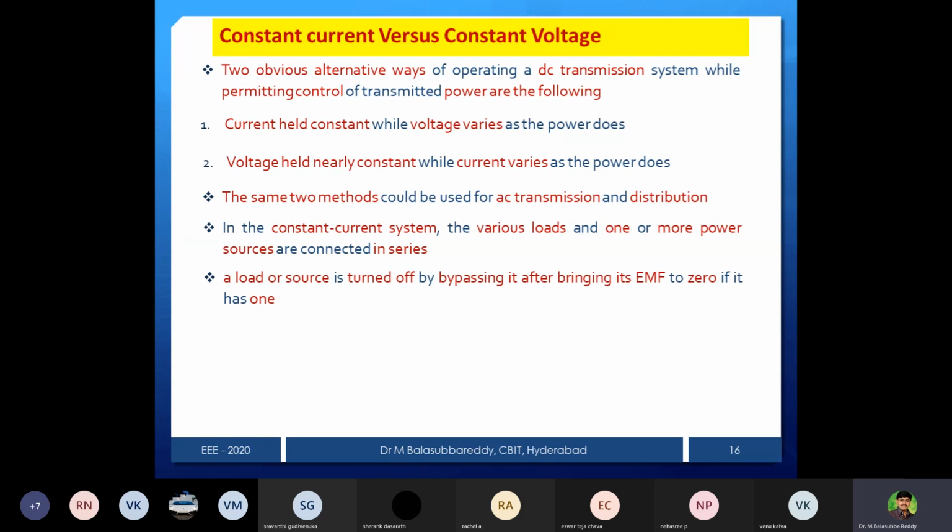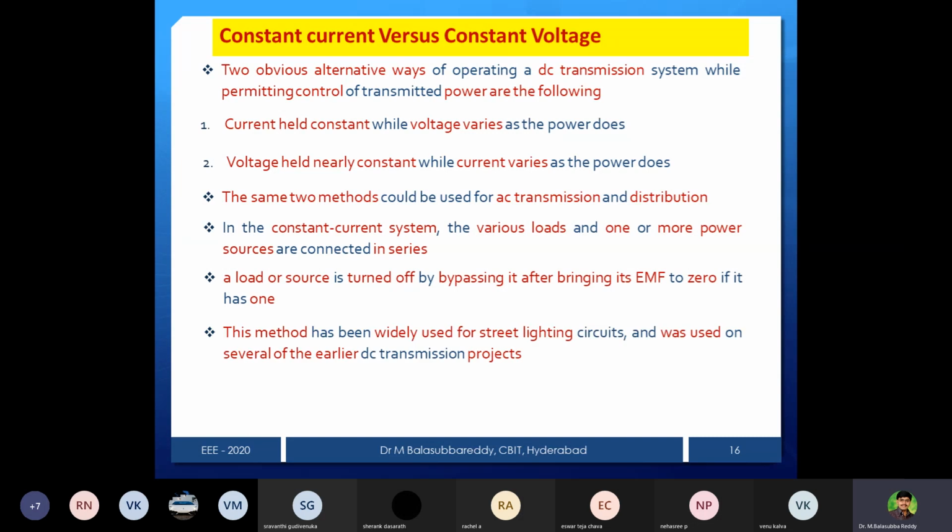A load or source is turned off by bypassing it, after its voltage is brought to zero. If it is only one voltage source, it will be bypassed. This method has been widely used in street light circuits and all, because these are connected in series.